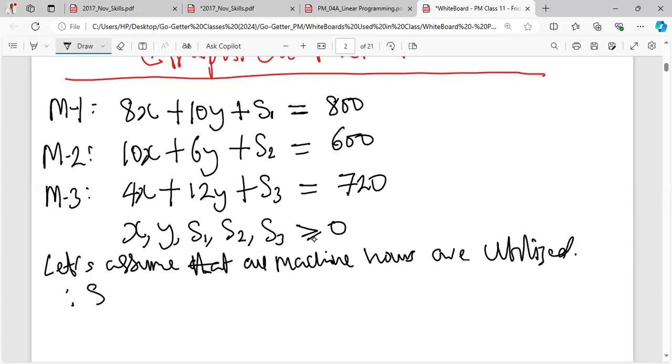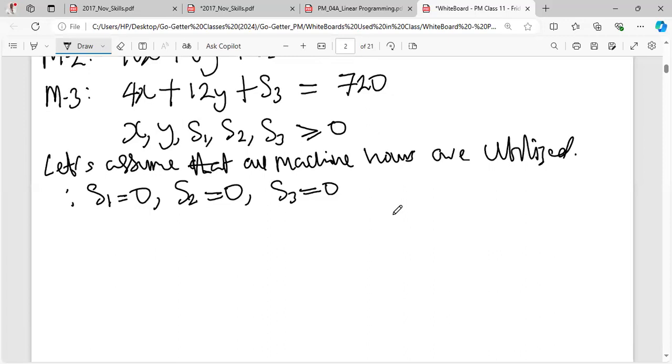Therefore, S1 will be 0 because you utilize the whole of the machine hours. 8x plus 10y will give you 800 because this is 0. S2 will become 0 and S3 will become 0. So at your maximum contribution, you are utilizing it in such a way that these slacks are 0. You don't have anything left. No hours. You have utilized the whole possible hours.